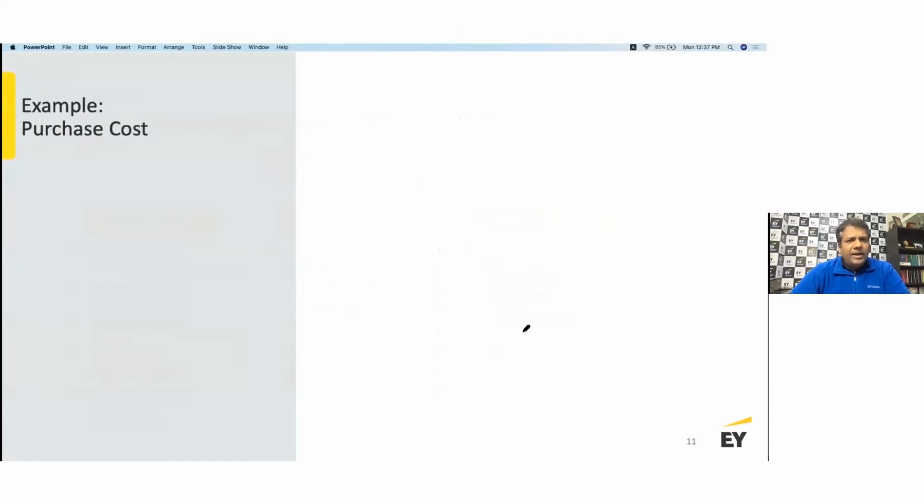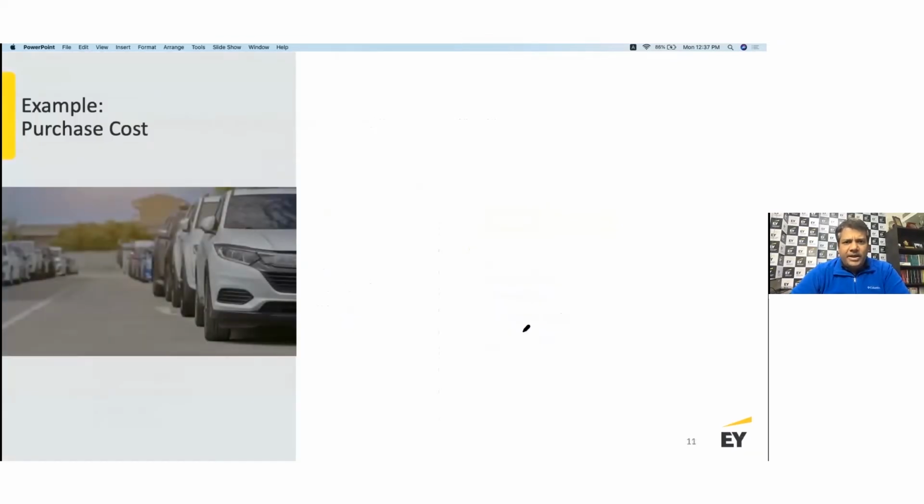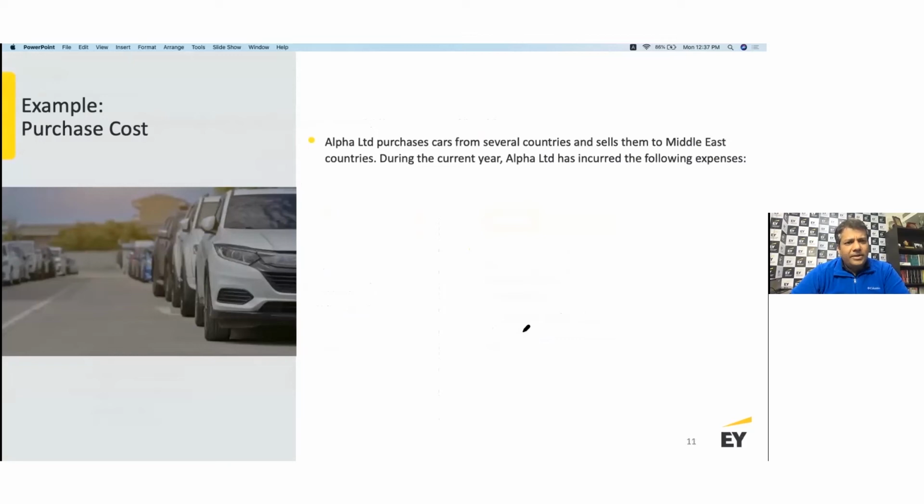All right, let's deal with this example. Alpha Limited purchases cars from several countries and sells them to Middle East countries.